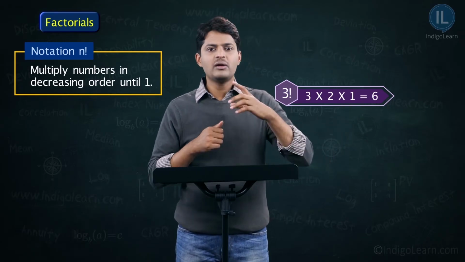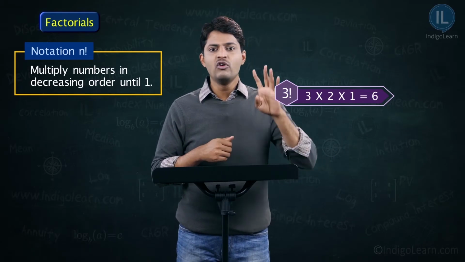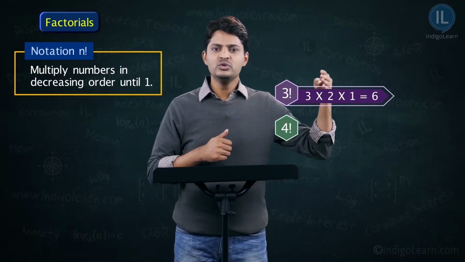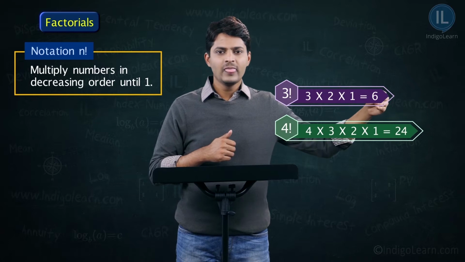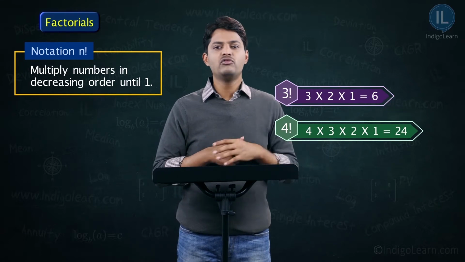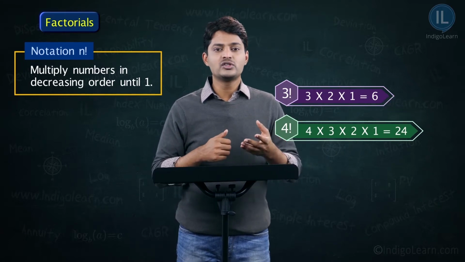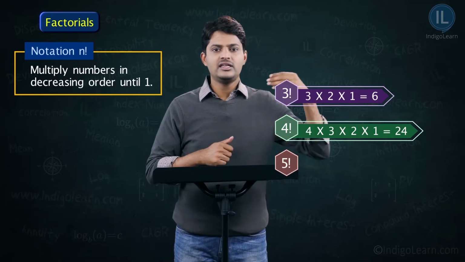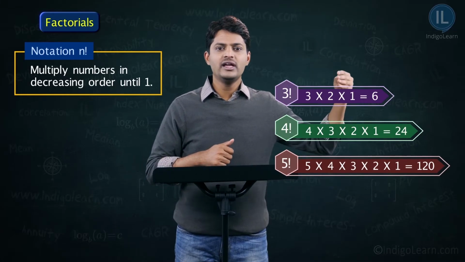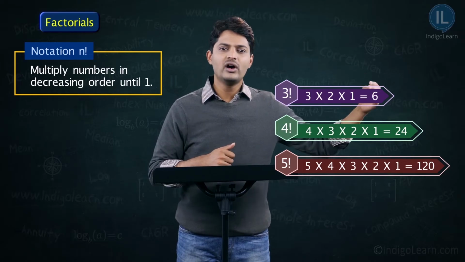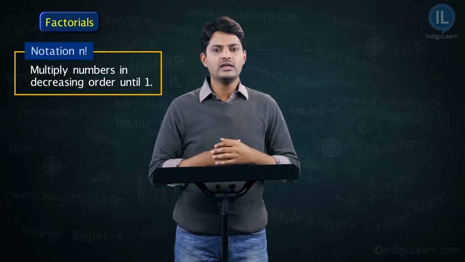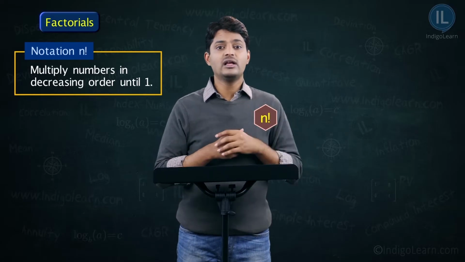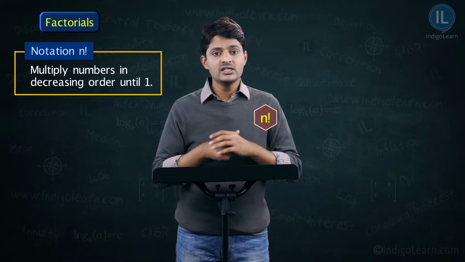Similarly, if I ask you what is the value of 4 factorial? Your answer will be 4 into 3 into 2 into 1, which gives you 24. Similarly, what is the value of 5 factorial? 5 into 4 into 3 into 2 into 1, which gives you 120. So if I ask you what is the value of n factorial, how do you write it?